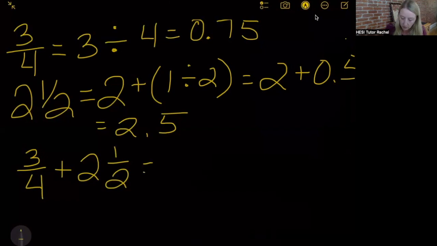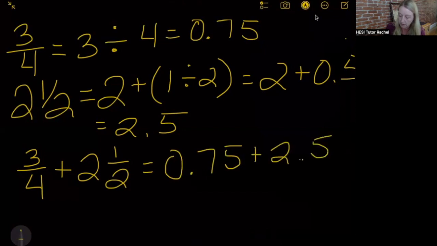Instead, since we know what their decimal equivalents are, we can just say 3/4 plus 2 and 1/2 is the same as saying 0.75 plus 2.5. And that is something that you can put into your calculator.